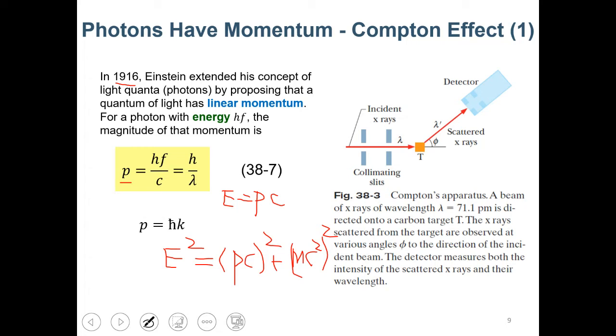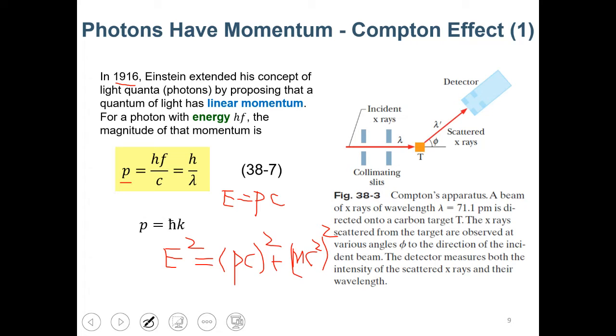And MC squared is the rest energy, and P is the momentum. Of course, consider the relativistic effect, which means it is not only mv but it's gamma mv.